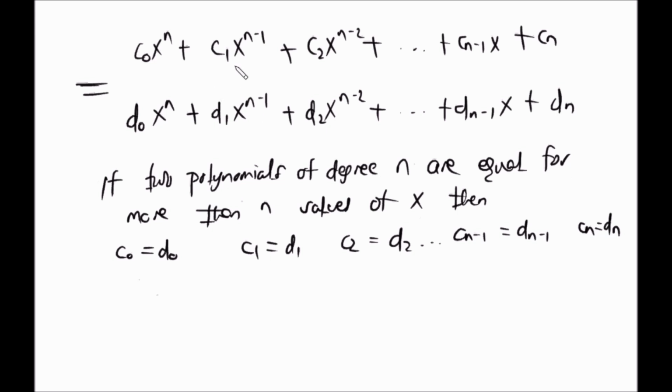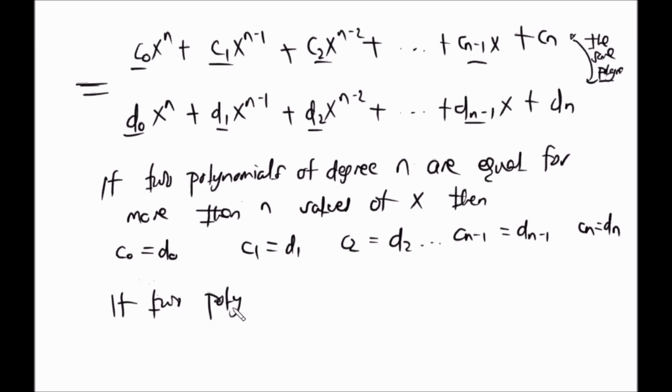Kwa hiyo kama polynomial mbili kama hizi they are equal for more than n values of x, manake coefficient zake zote ni equal. Hii ina maana nini? Maanake kumbe hizi polynomial equation mbili they are the same. It's the same polynomial. So manake nini? Manake if two polynomials now, another conclusion now.